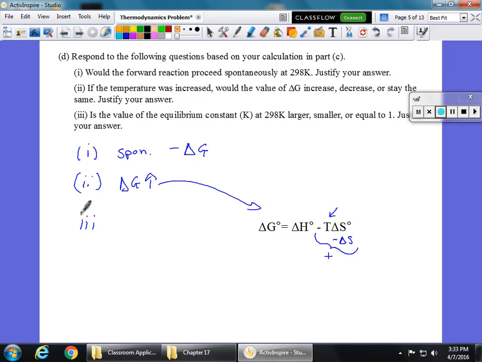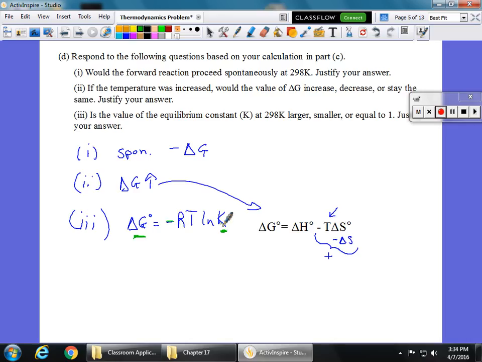Part 3, the equilibrium constant. Is the value of the equilibrium constant K at 298 larger, smaller, or equal to 1? Well, that takes us back to this equation. Delta G is equal to negative RT ln K. This is going to be on your equation sheet. This gives us the relationship between delta G and K. If you look at how this equation is written, this is a negative here, right?